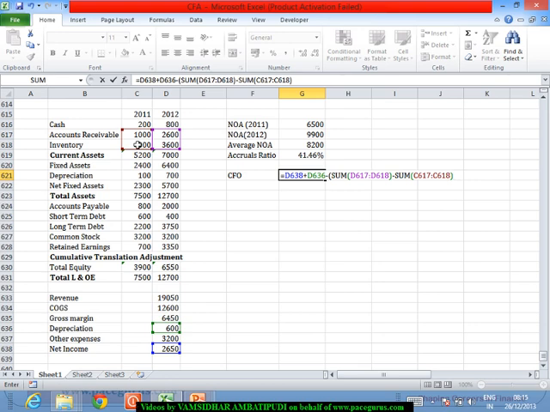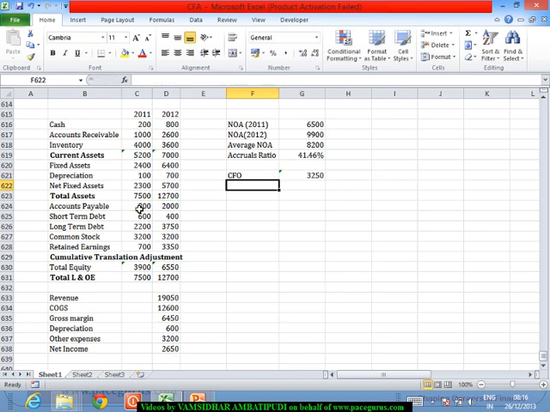So to that extent I will have a decrease in the cash, and plus increase in the current liabilities. So this is an increase in the current liability. This is what gives me my cash flow from operations, right? So the cash flow from operations comes out to 3,250.